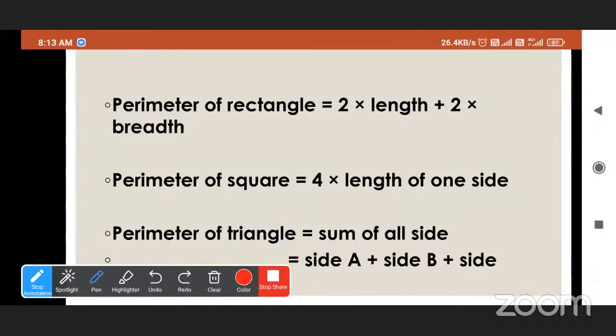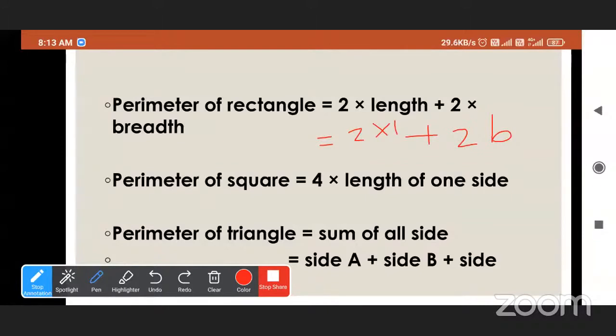Because in a rectangle opposite sides are equal, we can write it as 2 into length plus 2 into breadth. And now the perimeter of a square.